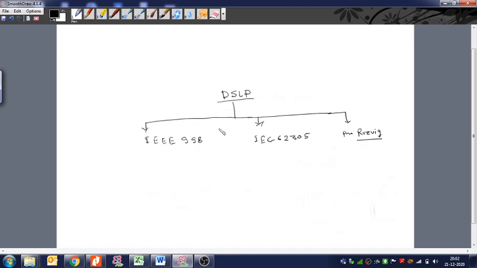First of all, we should know all the applicable standards. This is the first knowledge we should have. IEEE 998, I again repeat, IEC 62305, and Professor Rajvik. The European countries work on the IEC based standard.